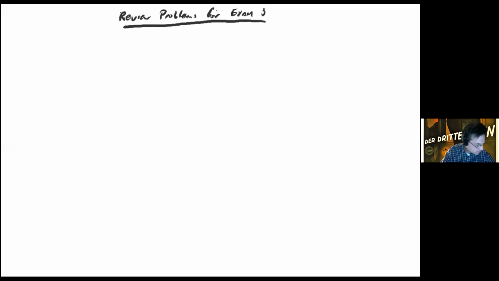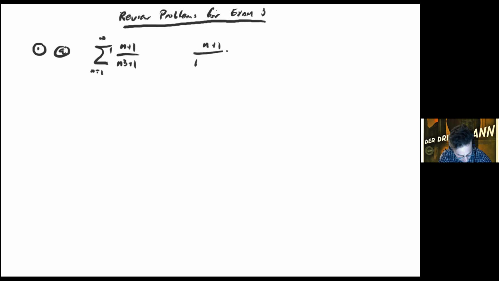Okay, so problem 1 has many parts. 1a is the sum, n goes from 1 to infinity, of n plus 1 over n cubed plus 1. Now I'm going to compare n plus 1 over n cubed plus 1 with 1 over n squared, because the highest powers of n behave like 1 over n squared.